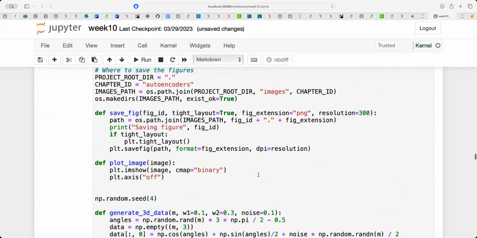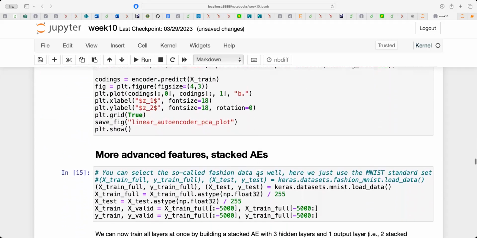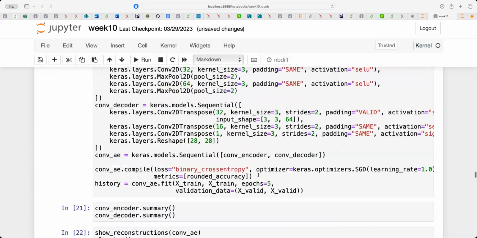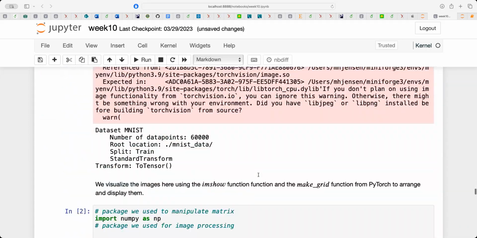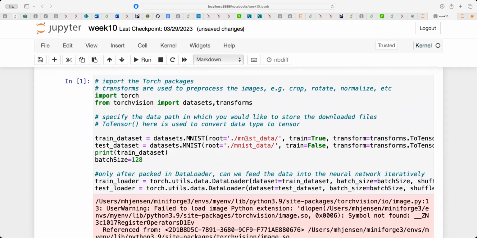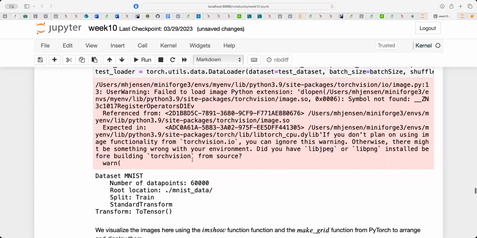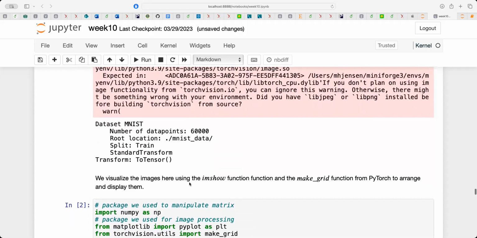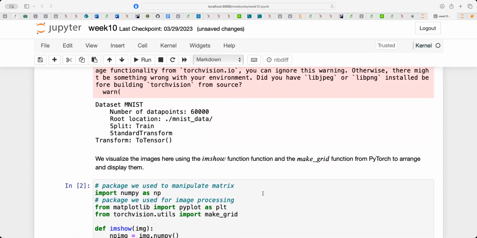You can actually replace it, I can bring this up, but I wanted to show how easily you can do this with PyTorch. In PyTorch, I'm taking this MNIST data set, which is 60,000 handwritten numbers between 0 and 9. Most of the code is actually on reading the data and plotting the data.